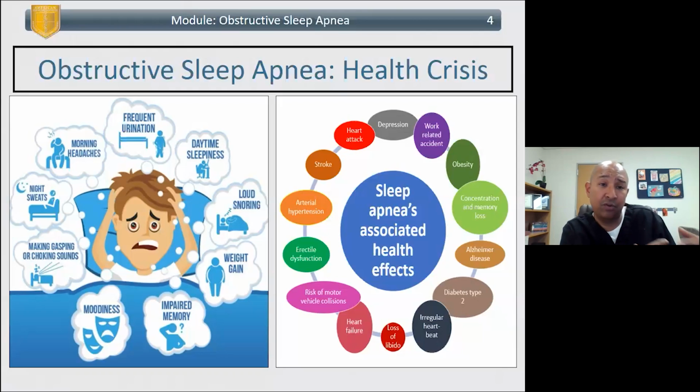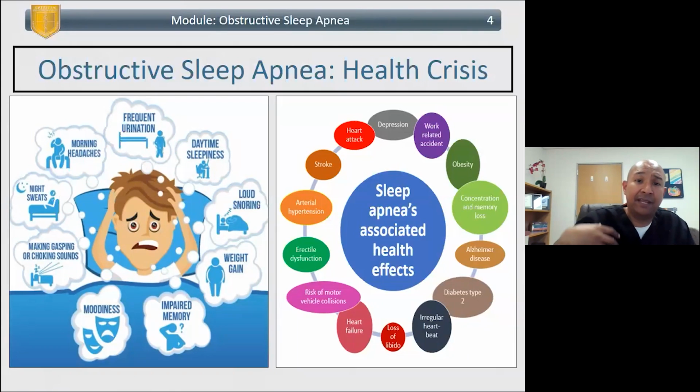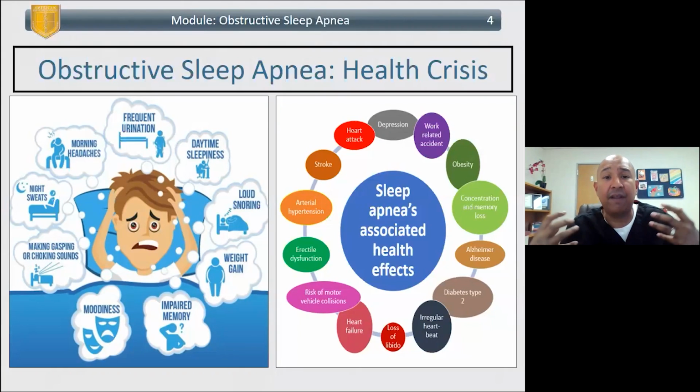The way it presents in women is different than in men. The way it presents in younger individuals is different than in older individuals. If I were to ask the one-dimensional question, what happens to the incidence of OSA as we get older, it goes up and up and up. But they're not presenting in the classic way.